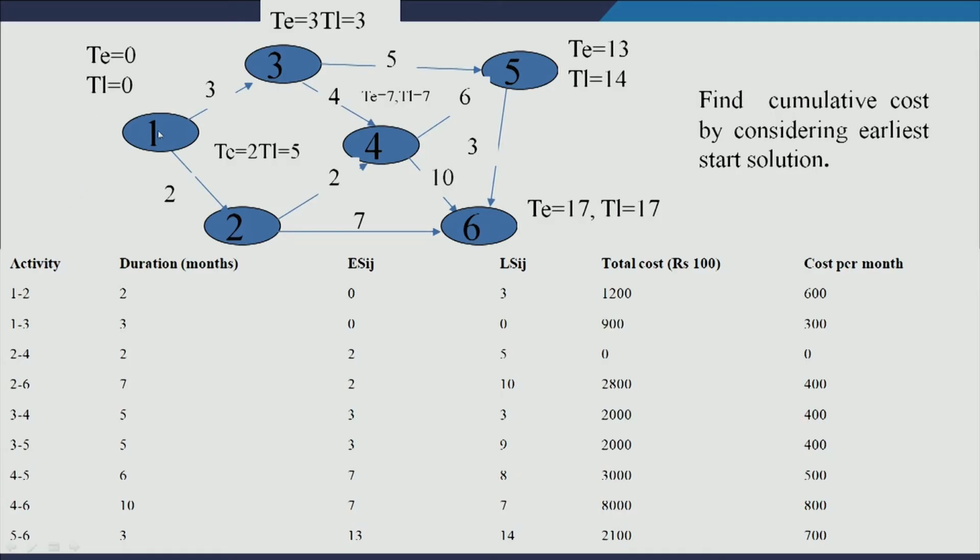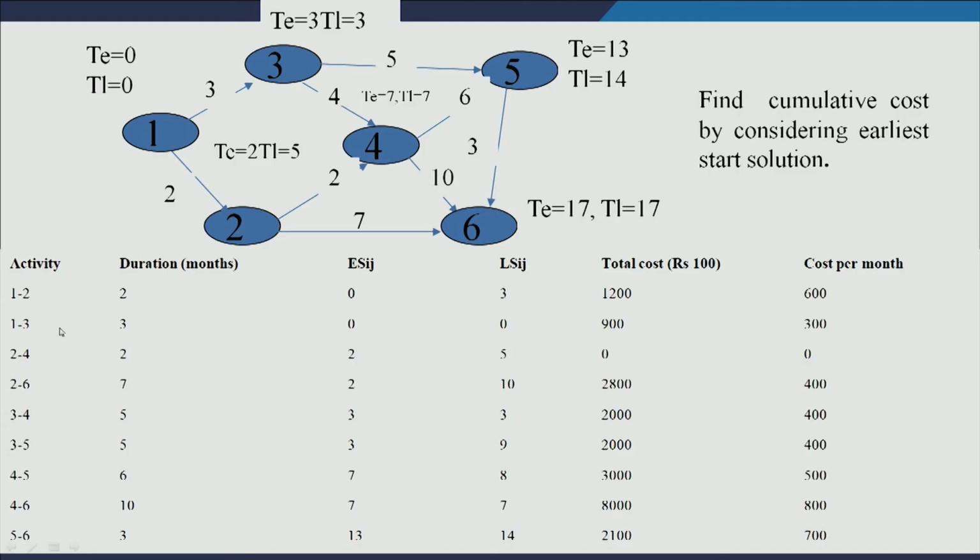So, find out the earliest start at node 1. Earliest start is 0, earliest start at node 2 is 2, and earliest start at node 3 is 3. So, you just calculate earliest start and latest completion times at all these nodes. Latest completion time at node number 6 is 17. So, you need to calculate TE in the forward pass and TL in the backward pass.